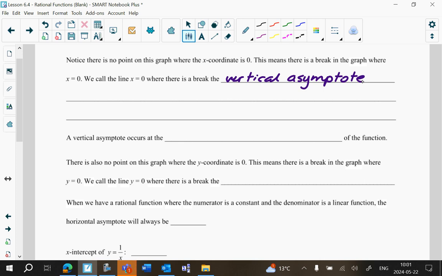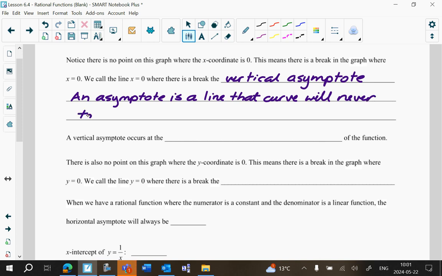An asymptote is a line that a curve will never touch or cross.